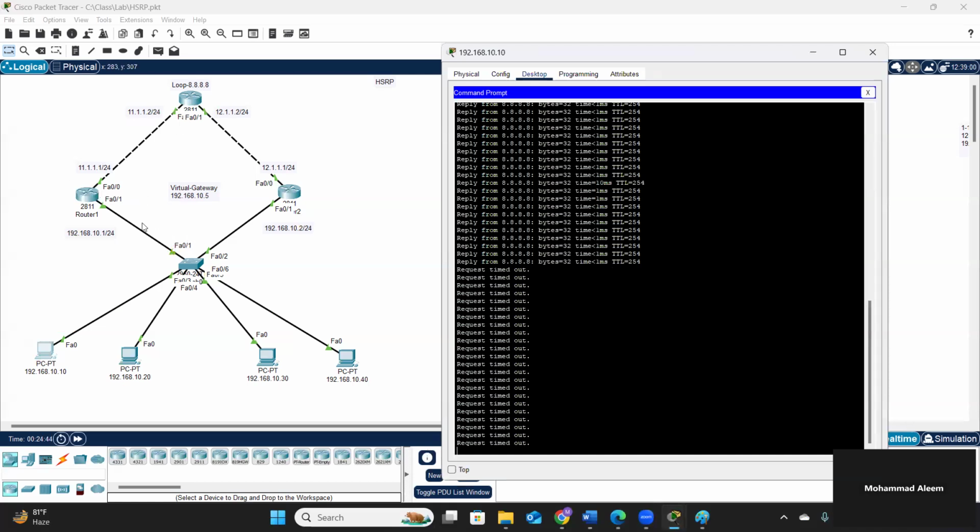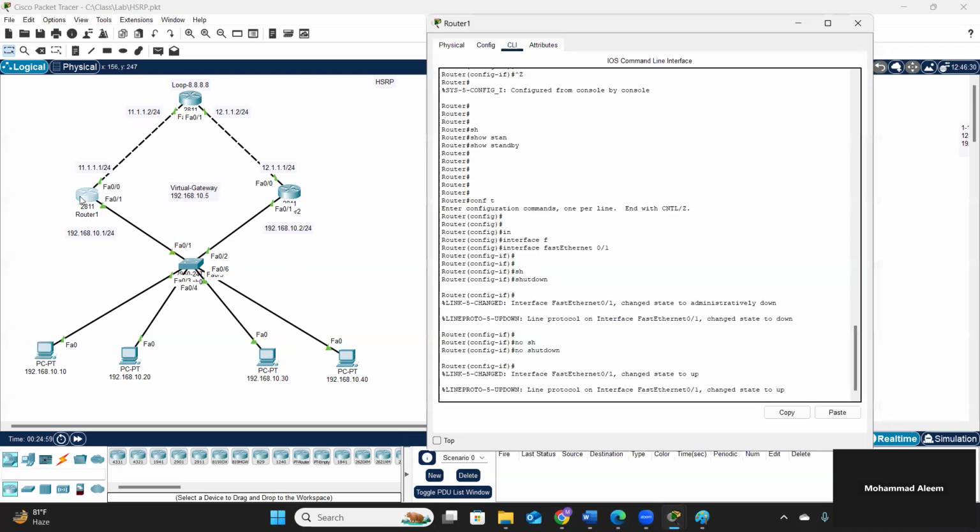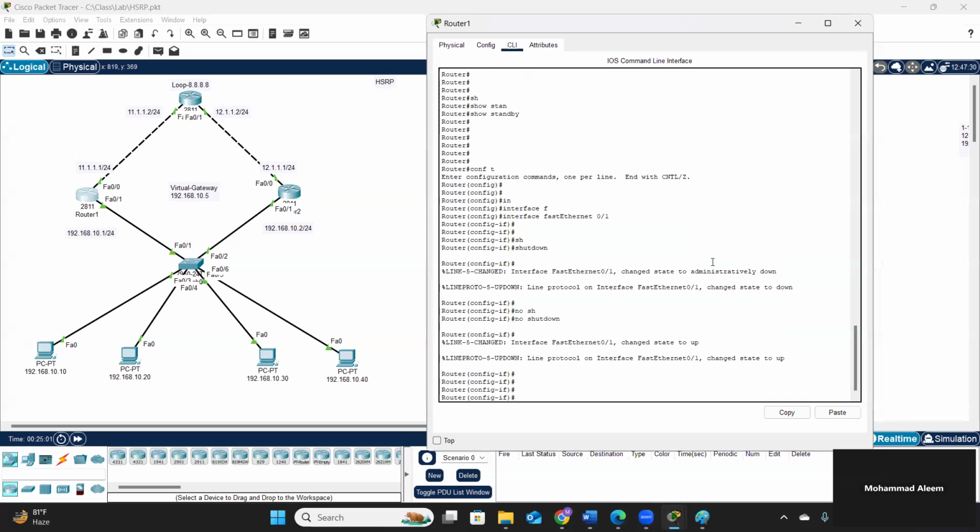Anyway, leave that. Now you can check. He can reach, the port came back up. So if I want to reduce this kind of issue, I'll use one protocol, that is HSRP or VRRP.